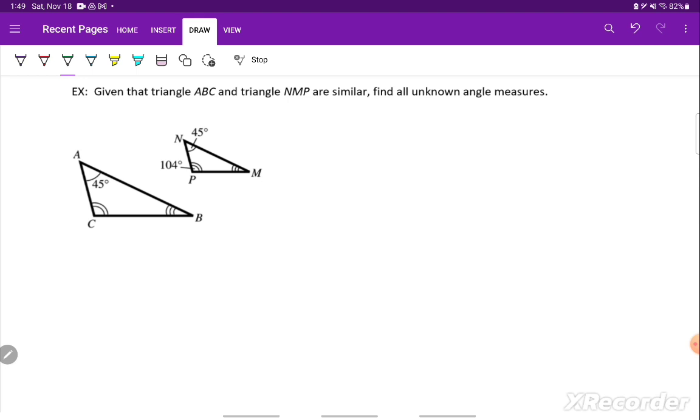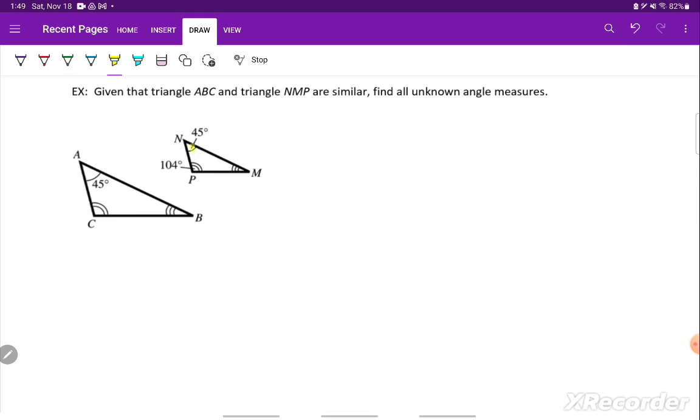We're again given similar triangles, triangle ABC and triangle NMP, and we want to find unknown angle measures. We're going to be using the first condition for similar triangles, that corresponding angles must have the same measure.